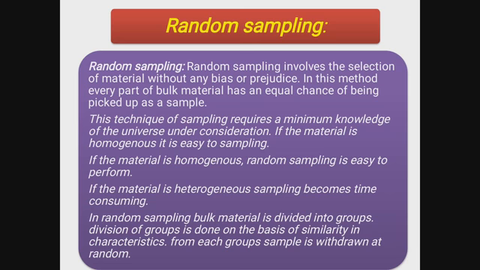For example, what are the characteristics? Suppose one solid is there, solid ore is there, sorry, ore which exists in the solid form, that is in the lumps or in the crystal or particulate form. Lumps and particulate form. Then we separate the lumps one side and particulate matter into various groups, and we collect or withdraw the sample randomly with the help of conveyor belt, or by taking the sample from each.